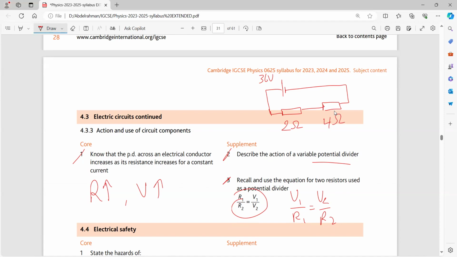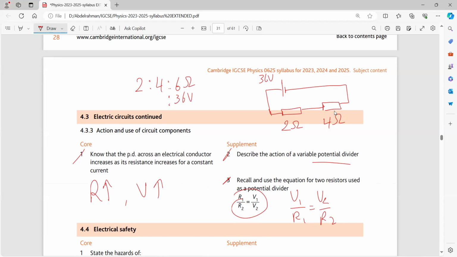The potential divider states that the voltage of 36 volts will be divided onto each of these resistors proportionally. What do I mean proportionally? I had 2 ohms and 4 ohms. The total combined resistance of them both is 6 ohms. The total voltage is 36 volts.